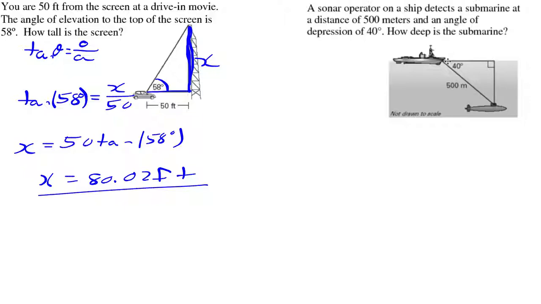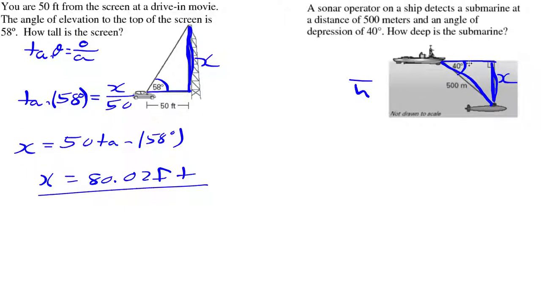Right, next up, we have an angle of depression. So we can see that the angle of depression going downwards is 40 degrees from the horizon. We have that this distance from the boat directly to the ship is 500 meters, but that is our hypotenuse. We want to find out how deep the sub is below the surface of the water.